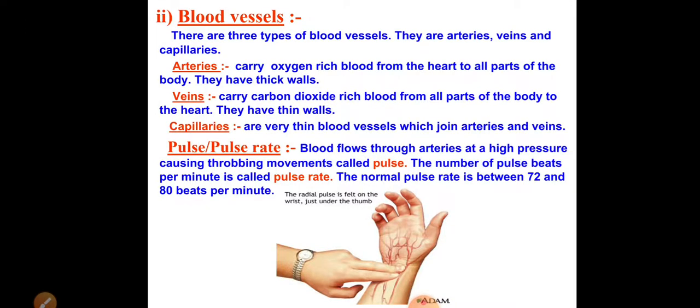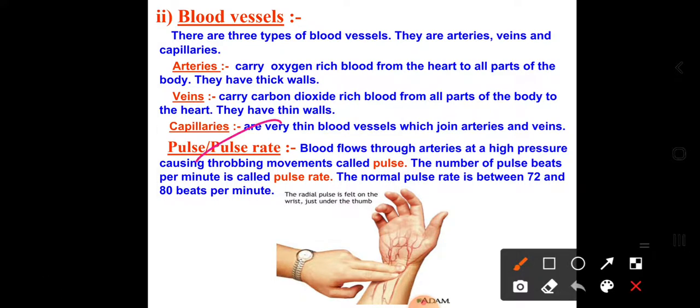Now, whenever these blood vessels are pumping the blood, you can identify it in the form of pulse rate. When the blood flows through the arteries at high pressure, the heart is throwing the blood into the arteries at a very high pressure. Due to that pressure, we always notice some throbbing movements in our body.